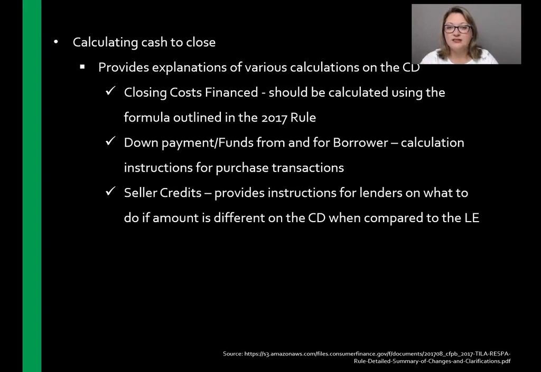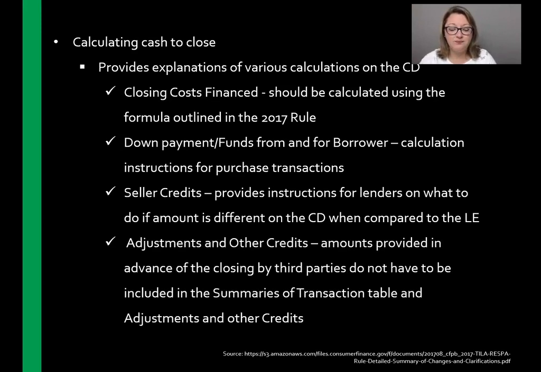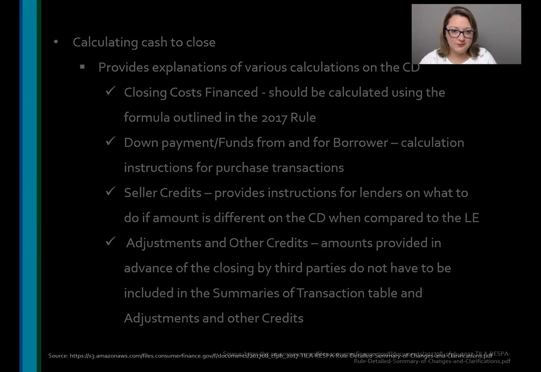Seller credits, they provide additional instructions for when the amount on the LE is different from the CD, when they're compared. Also adjustments and other credits. So the amounts provided in advance of closing by third parties do not have to be included in the summaries of transactions table, and adjustments and other credits.